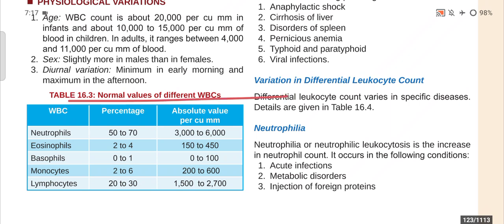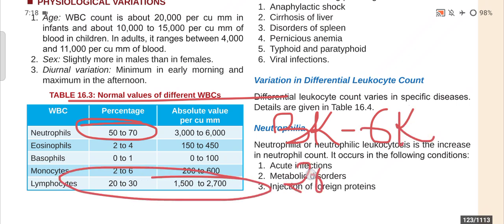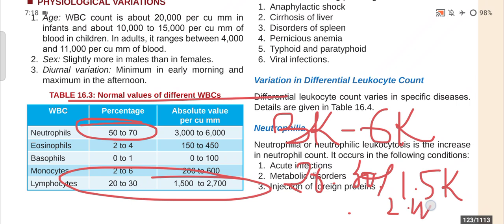The normal values of the different WBCs: neutrophil is in maximum quantity, 50 to 70%, absolute value 3000 to 6000. Then second, the lymphocyte, 20 to 30%, and quantity is 1.5k to 2.7k.